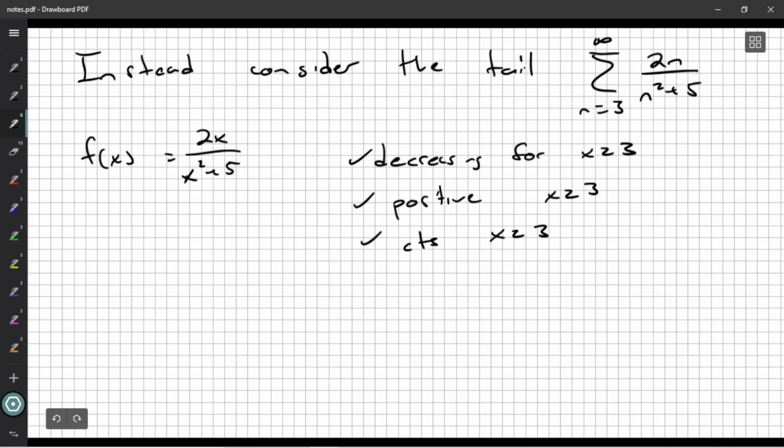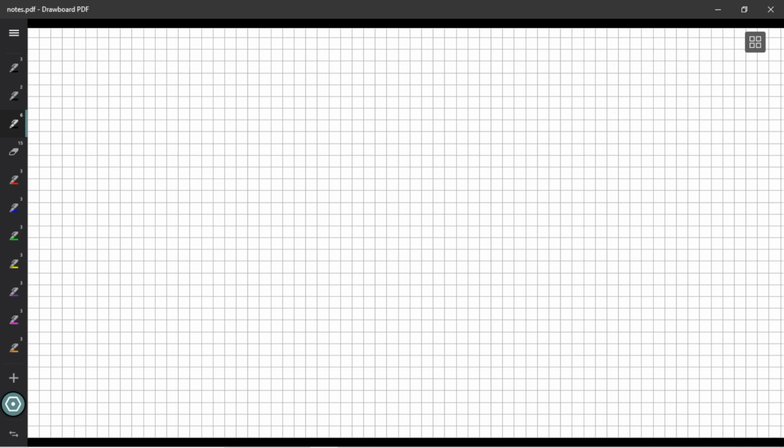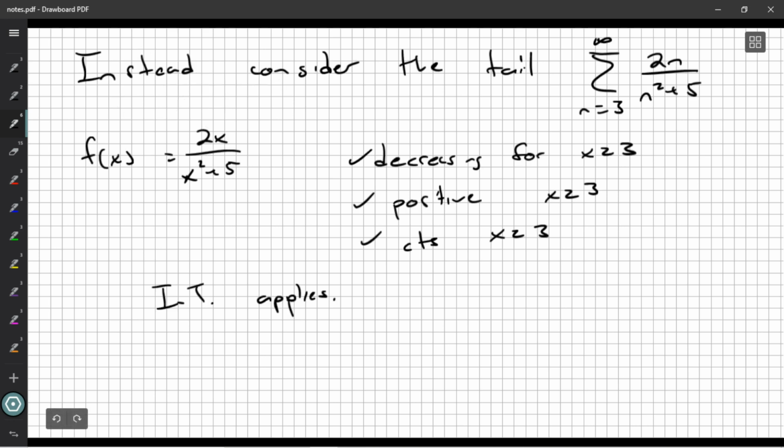Okay, so the integral test applies. Okay, so what does that tell us? Well, the integral test says, all right, you want to tell if this series converges or diverges. Instead, work out the behavior of this improper integral. And whatever it does, converge or diverge, so will your series.